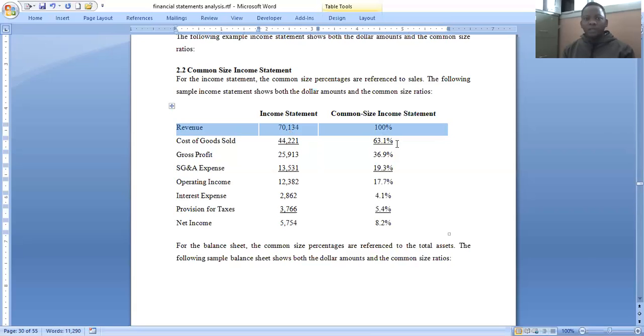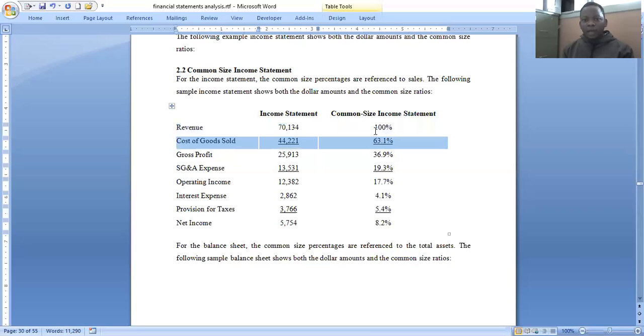For the cost of sales, the common size ratio is 63.1%, which is obtained by dividing 44,221 by 70,134. In this case, the reference item is cost of goods sold, and the common base is still revenue, that is 70,134.